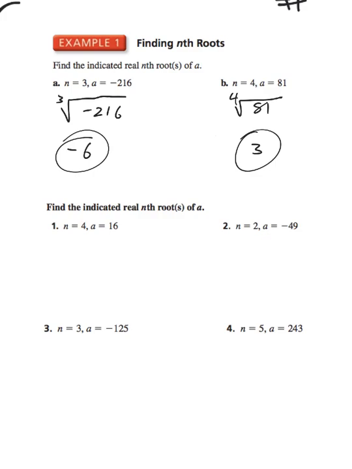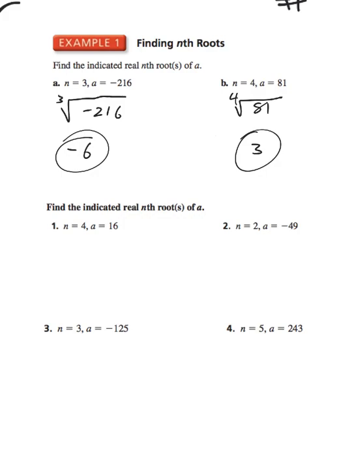Now go to questions 1 through 4. Let's look at number 2 first because there's a problem here. There's no real root. If you remember, this could be imaginary, plus or minus 7i, but in this chapter we're dealing only with real roots.